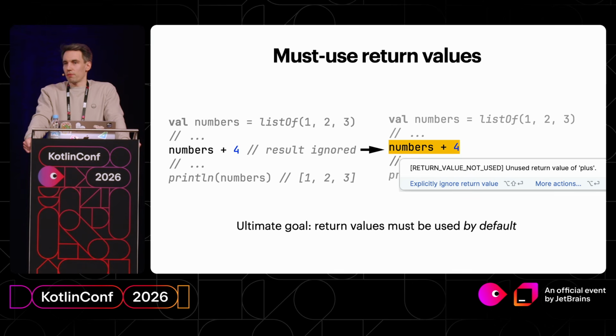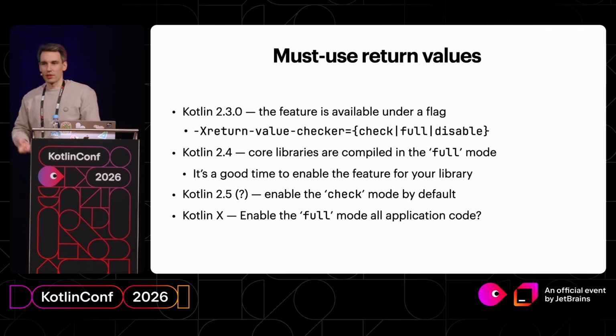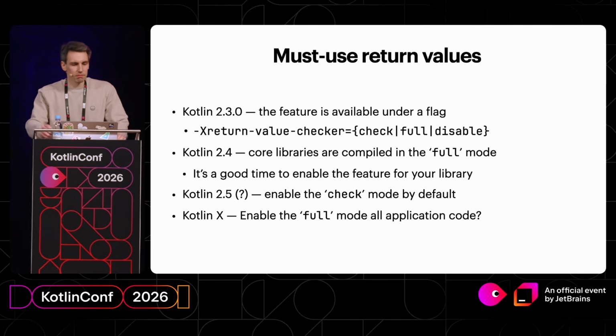To fix that, we want to introduce must-use return values, or as others might think, we want to steal another feature from Swift. But it is what it is. And we have the same pipeline. We introduced the feature flag in Kotlin 2.3. It has 3 states: check, full, and disable, which is the default today.